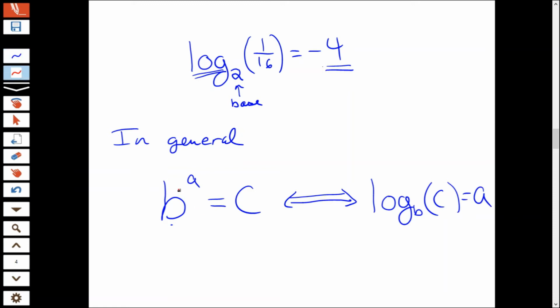Sometimes I've seen people say log base b of c equals a, and they circle the base and do an arc with it because it works both ways. Log base b of c equals a, I can rearrange as b to the a equals c. Rewriting that as an exponent uses this same exact curve, b to the a equals c. Log base b of c equals a, and we can use this to rewrite from one form to another.